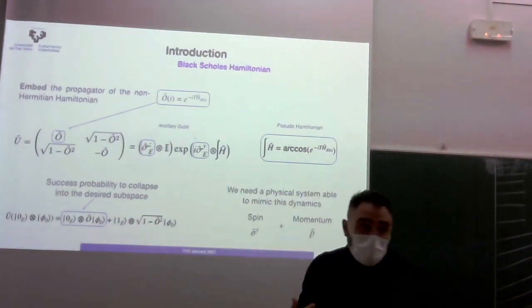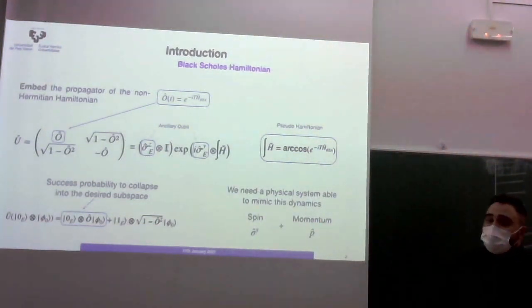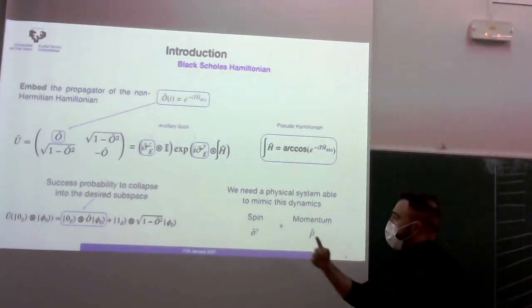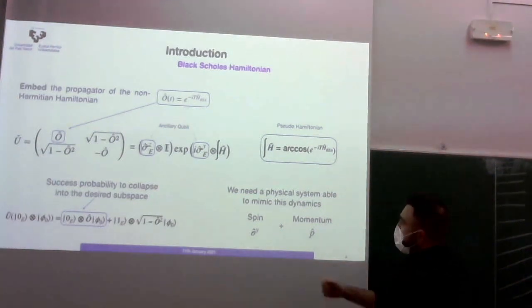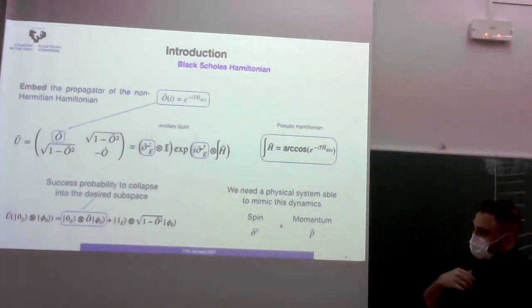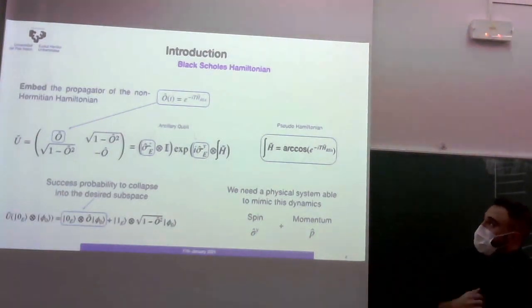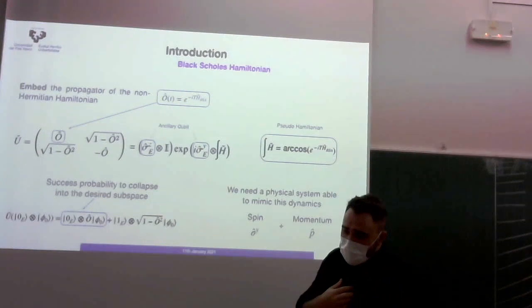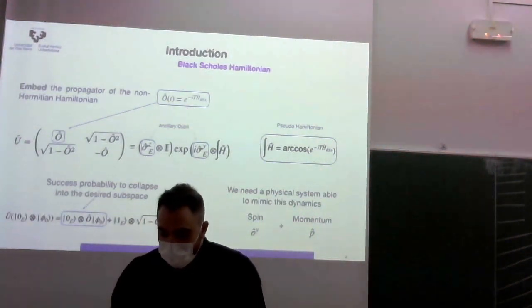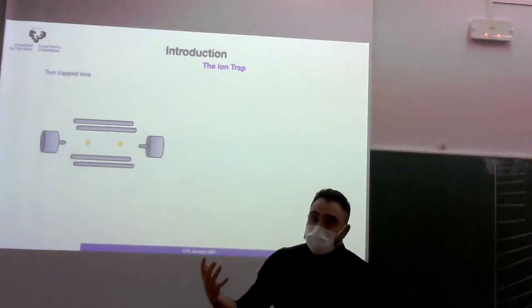So if we want to reproduce these dynamics by using a physical system, we need to be able to implement both the spin operator sigma y and the momentum operator, which is the one that is present in the Hamiltonian. So the proposed physical system to reproduce these dynamics is a trapped ion.